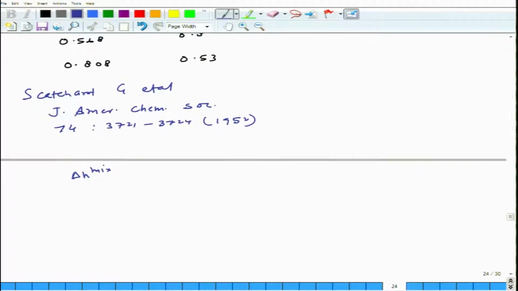So, what is the limiting condition? When x1 goes to 0, what happens to delta H mix? It would be pure component 2, so delta H mix also would tend to 0. When x2 tends to 0, what would be the value of delta H mix? It's 0. So, basically the limiting condition is that if any of the compositions goes to 0, the other composition is pure.